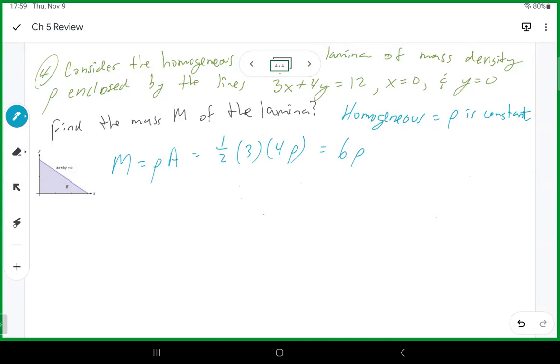We have multiple questions up here. Yes, we have to find M, which we just did. So that's your first fill-in. The second fill-in, you're finding the moment of inertia about the y-axis.